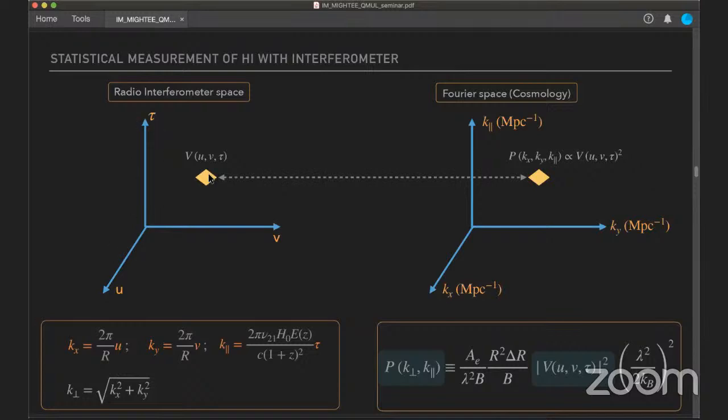For each data point in this domain, we can calculate the power in the k domain. The idea is to populate as many points in this domain as possible, so we have a space filled with points in the k space, and we can easily calculate the power spectrum by squaring the visibilities and multiplying by some normalization constants that depend on the primary beam, what frequency we are seeing, things like that.